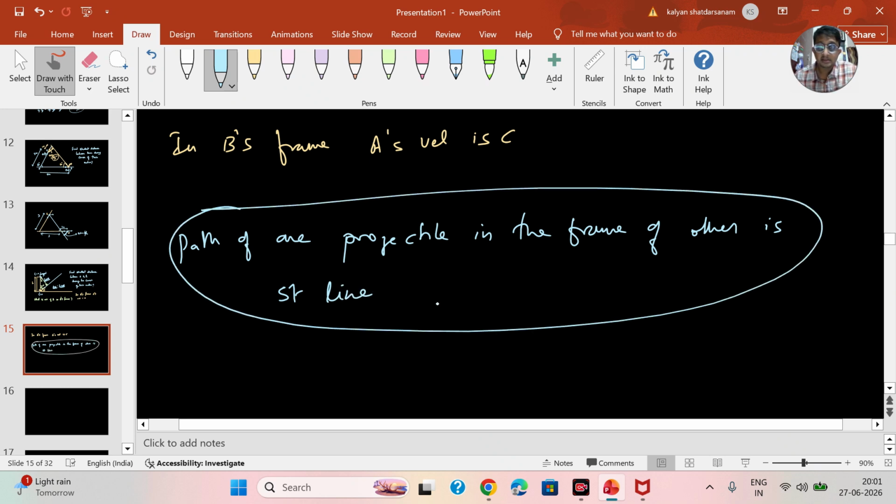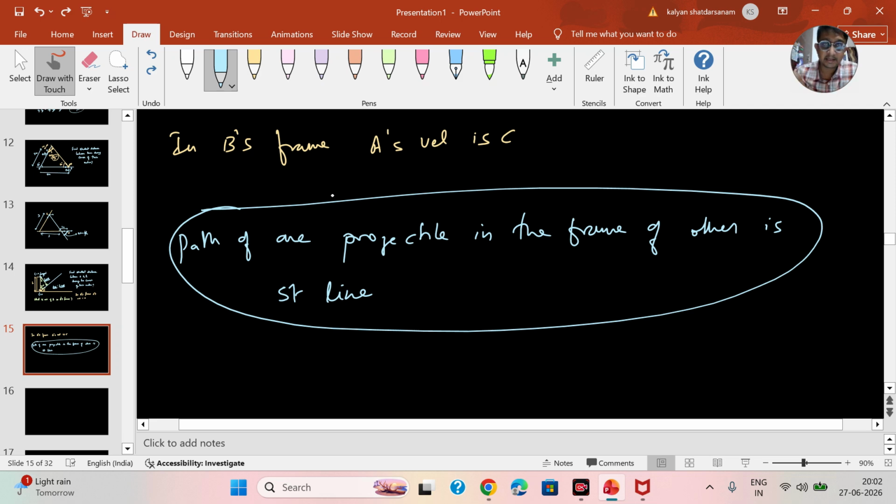How? See, both projectiles are accelerating with g. So if you go to the frame of one projectile, the other's acceleration is 0. That means in the frame of one projectile, the other's velocity is constant. Velocity means both direction and magnitude are constant. So in the frame of one projectile, the other should be moving in a straight line because neither direction nor magnitude should change. Direction should not change mainly. So it's a straight line. So the path of one projectile in the frame of another is a straight line.